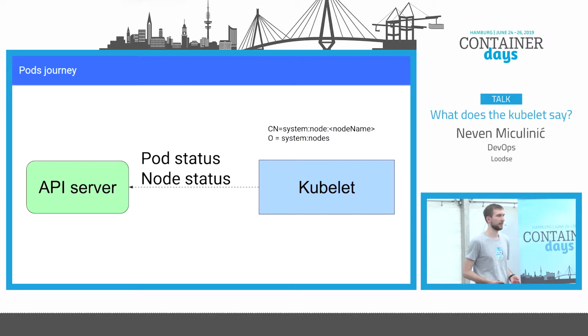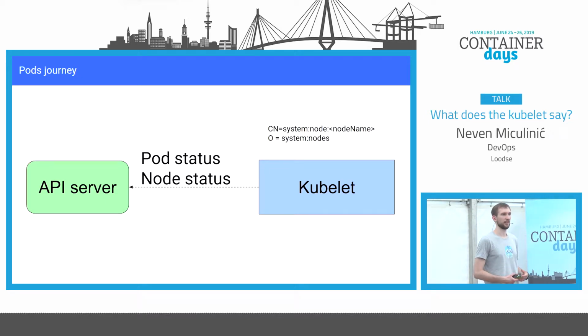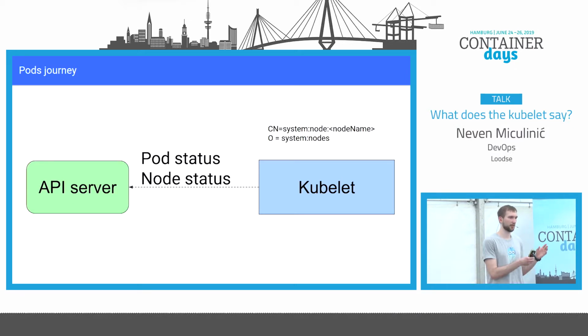For example, when you do kubectl logs or kubectl port-forward, whatever. This communication goes from your kubectl process to the API server and back to the kubelet. For this, there is a special public key infrastructure which has a certificate authority of the kubelets, and the API server has its own private key and signed certificate.